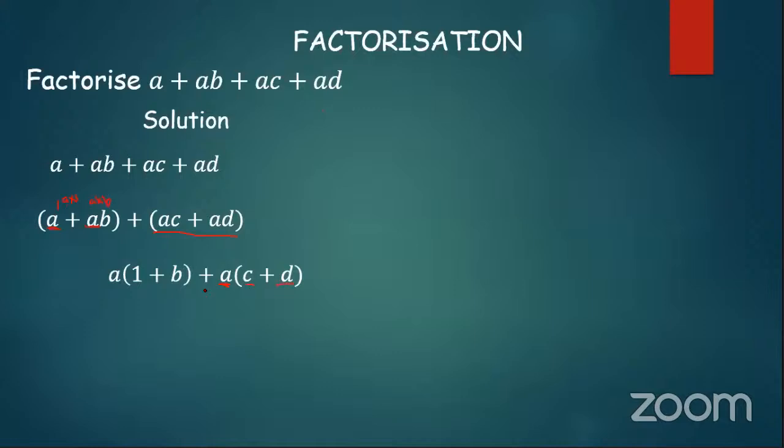And then after this, we see that a appears here and also appears there. So it is also becoming a common factor, so we can also write it once. So we remain with a into 1 plus b plus c plus d, that is, a plus b into a plus c plus d.